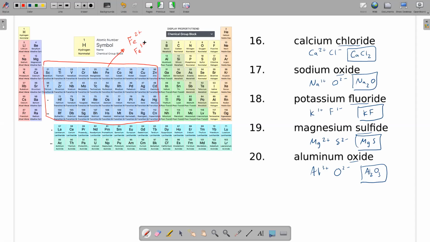Because the transition metals can have different oxidation states, they can have different amounts of charge, and we have a way to write names and formulas so that you can identify whether it's iron 2 or iron 3. I'll show you that. Then we also have polyatomic ions, which are ions made of 2 or more individual elements. The naming scheme is pretty similar, but it's a whole separate thing.